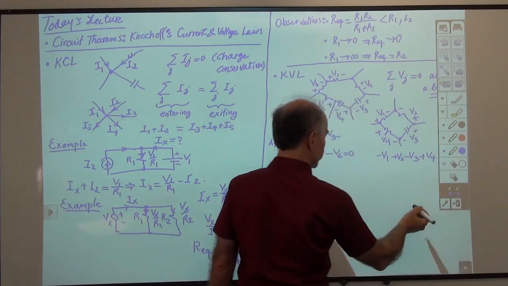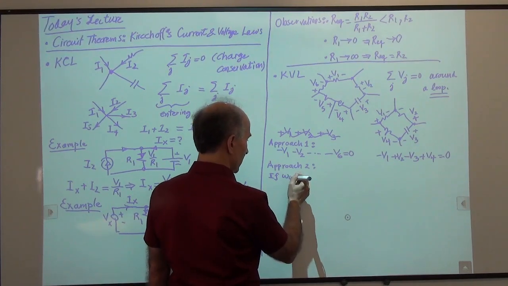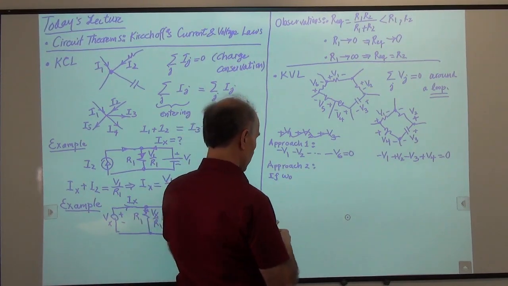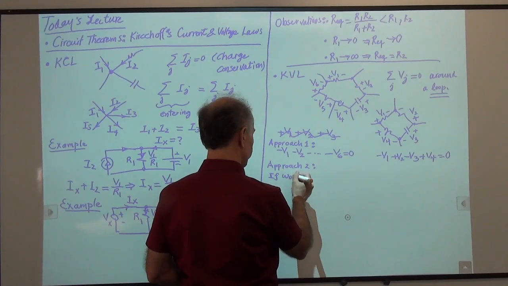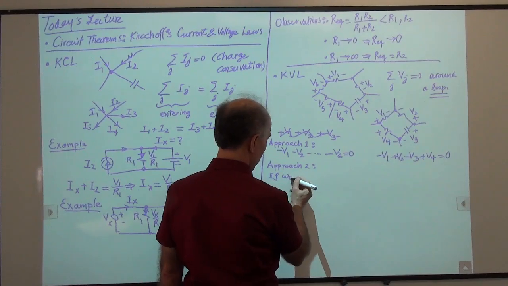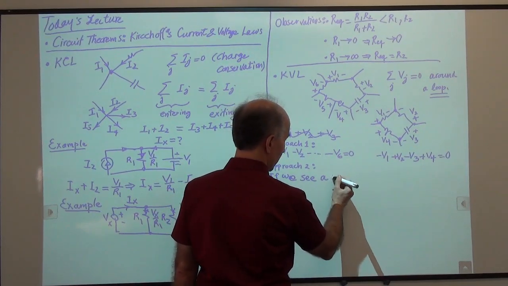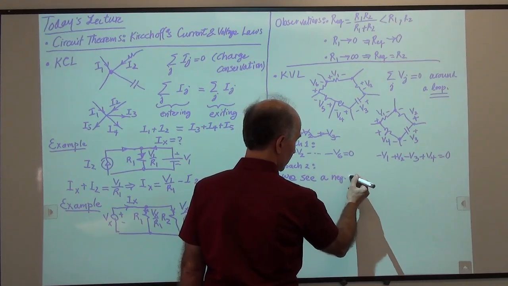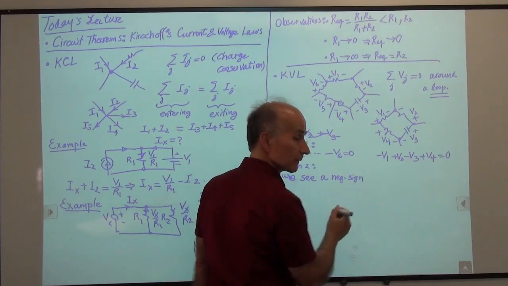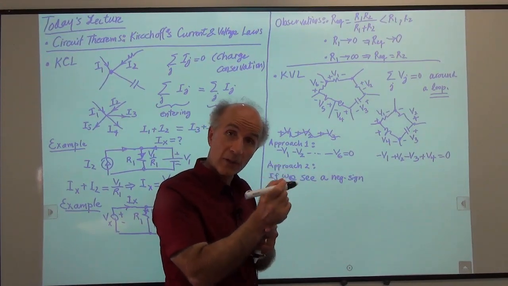So we say, see if this pen works. Okay, let's see. So if we see a negative sign, okay, so if we are at a point and we see a negative sign, then we assign a negative voltage.